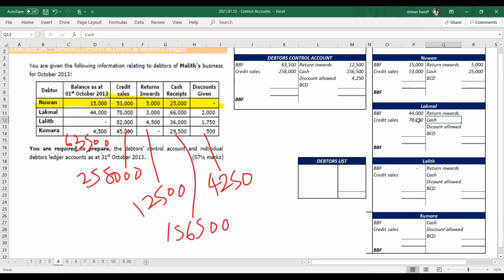Rakmal 78,000 credit sales, return inwards 3,000, cash 66,000, discount 2,000. Lalit 82,000, 4,500 return, cash 36,000, discount 1,000.